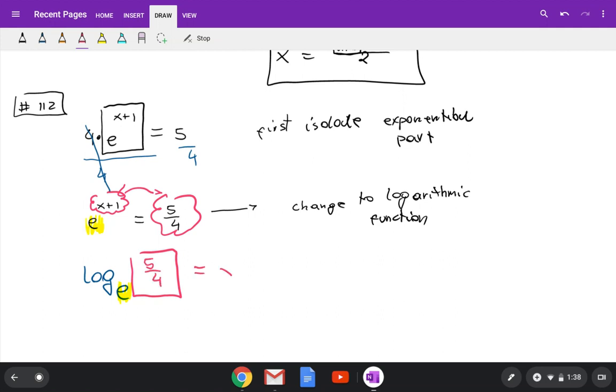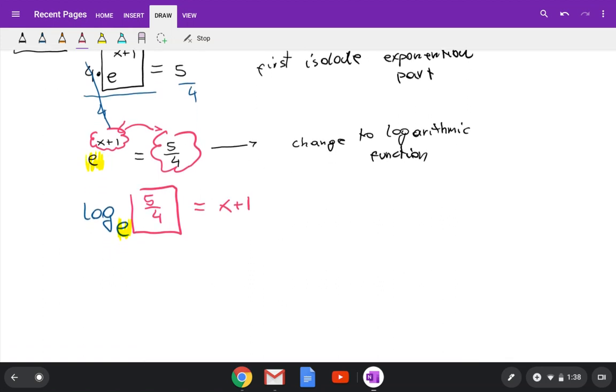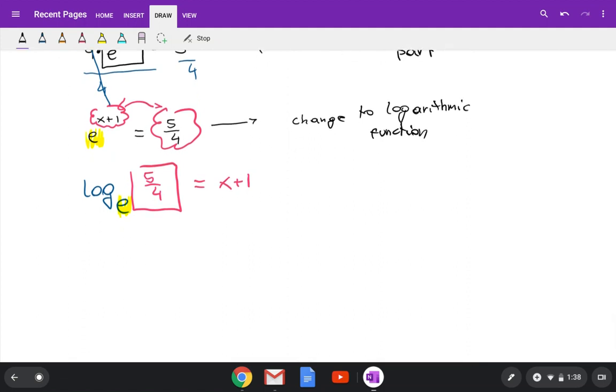Outside, it's going to be x plus 1. So this is how we change to a logarithmic function. Log of base e is just ln. We're skipping writing that base, and you're just putting ln of 5 over 4 equals x plus 1. And now you just need to solve for x.